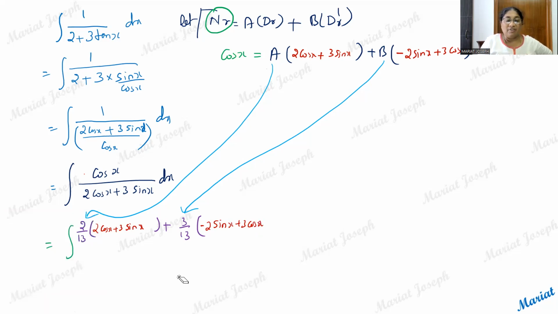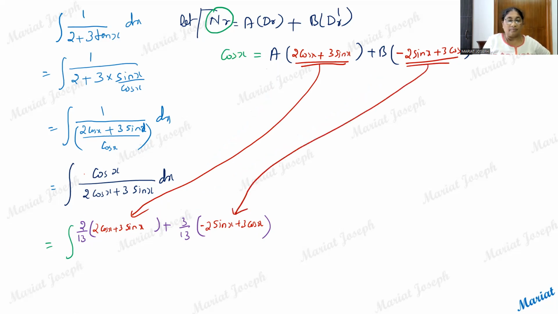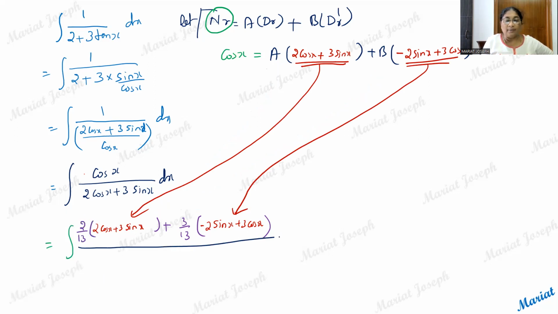From the assumption that we have made. We wanted to change it like this. We are rewriting this. This denominator is coming here, and this denominator's derivative is coming here. And the whole denominator is also there: 2 cos x plus 3 sin x dx.